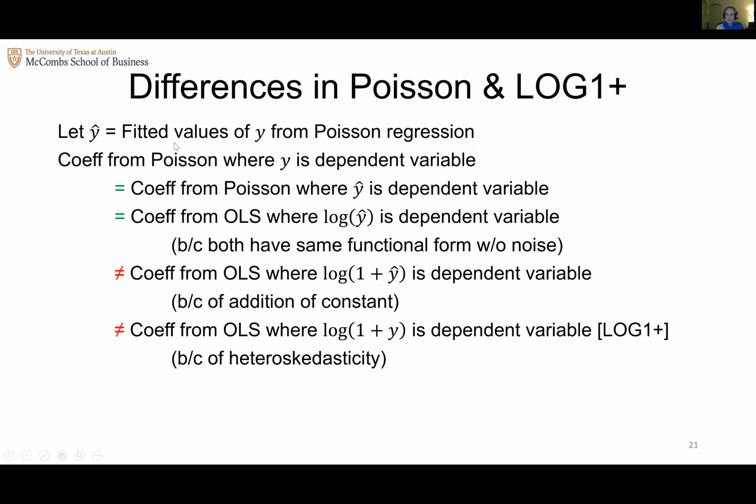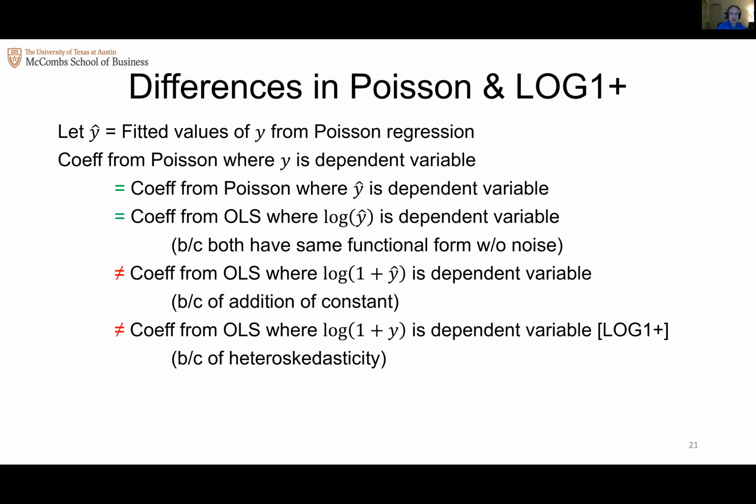So suppose that we estimate a Poisson regression and we compute the fitted values of that regression. I'm going to call those y hat. If we look at the coefficients from the actual Poisson regression itself, those coefficients are going to be the same as the coefficients from a Poisson regression where we're using this fitted value, because all we're doing is taking out the noise.